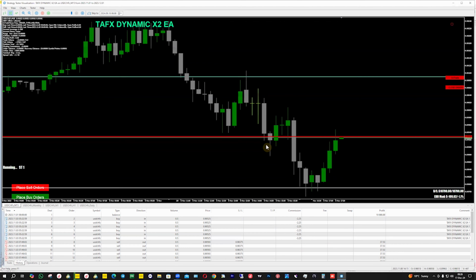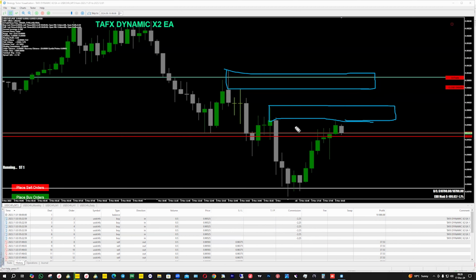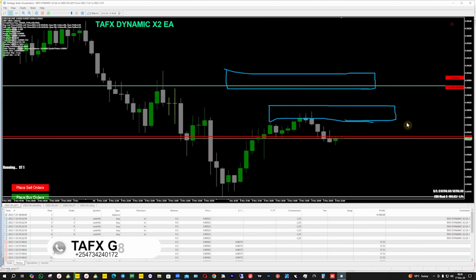All right, because that is where we can see there is an order block at this point. You can see also the long wick of this week, this is another order block. So there are some order blocks that people struggle to monitor. Is this a good order block or what? You don't know exactly. This is why you really need this EA, because the EA can guide you to a profitable order block.